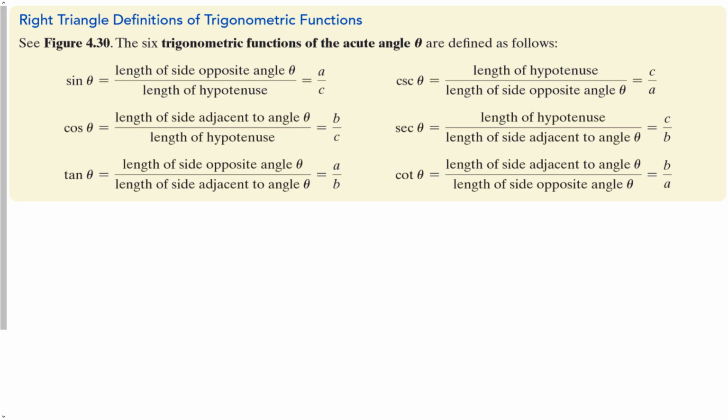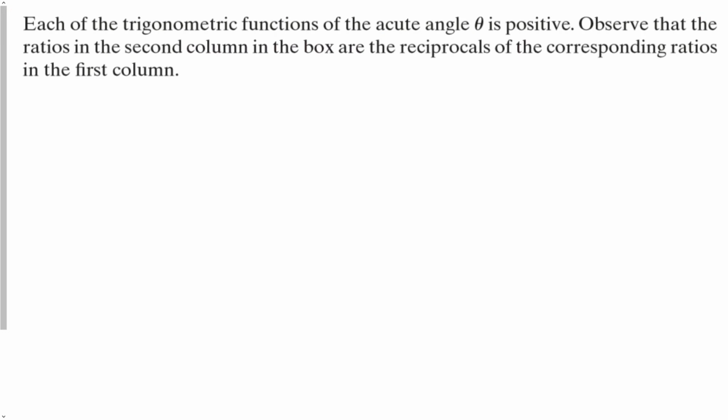Tangent is opposite over adjacent. And then my reciprocal identities just get flipped over: hypotenuse over opposite, hypotenuse over adjacent, adjacent over opposite. Hopefully you see where this is going here. Each of our trig functions of the acute angle theta is positive.